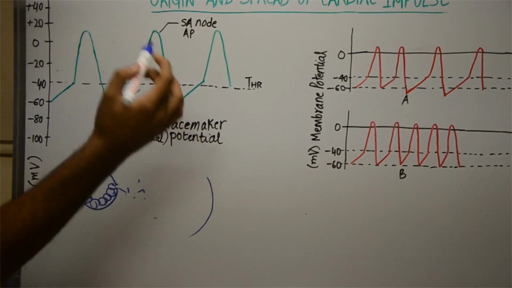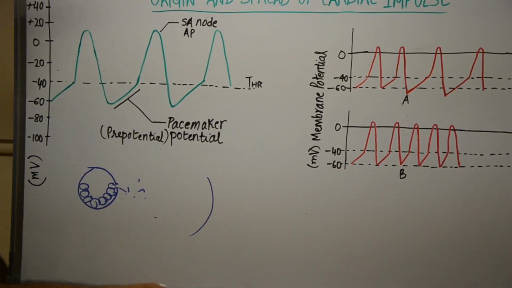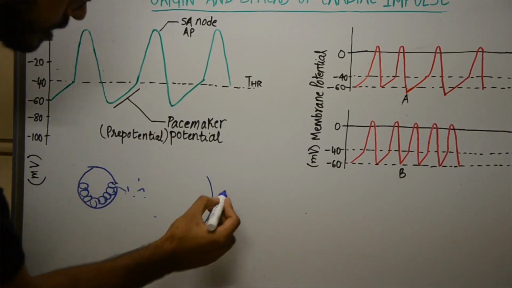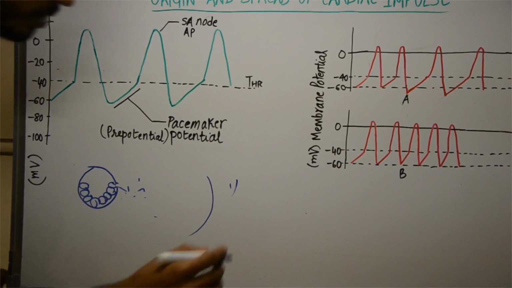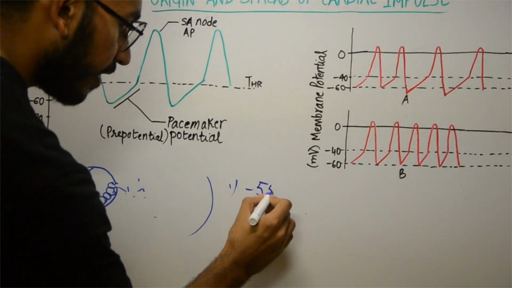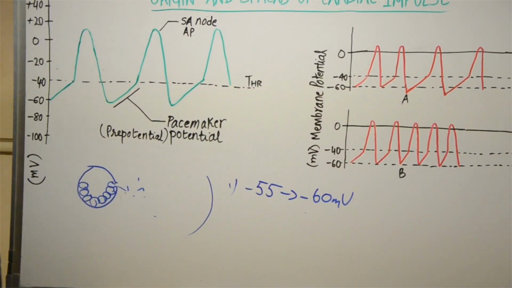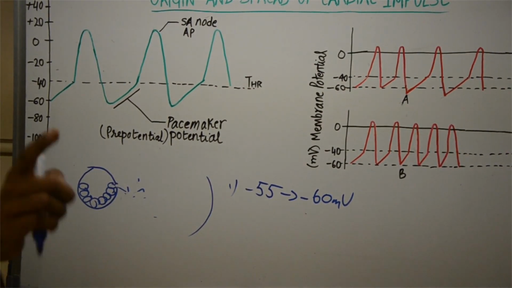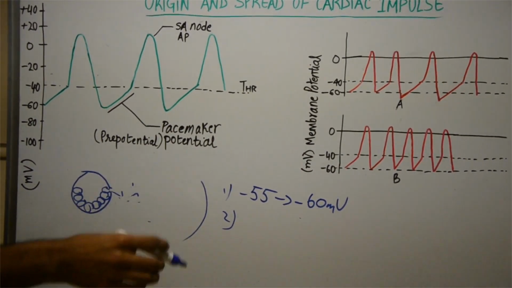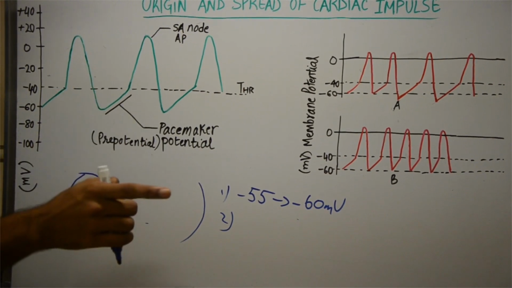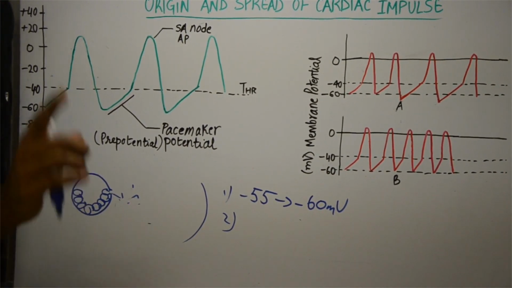But here in the SA node, there are two specific differences in the resting membrane potential. First, the normal value of the resting membrane potential in the SA nodal fibers is about -55 to -60 millivolts. And the second characteristic feature is that the resting membrane potential here is unsteady, it is unstable.